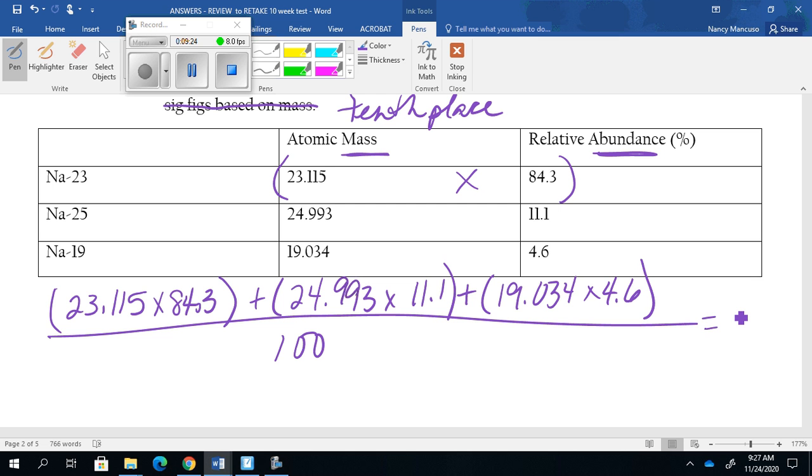So I put parentheses 23.115 times 84.3 end parentheses plus... sorry, it's just going to take me a second to punch this all into my calculator.